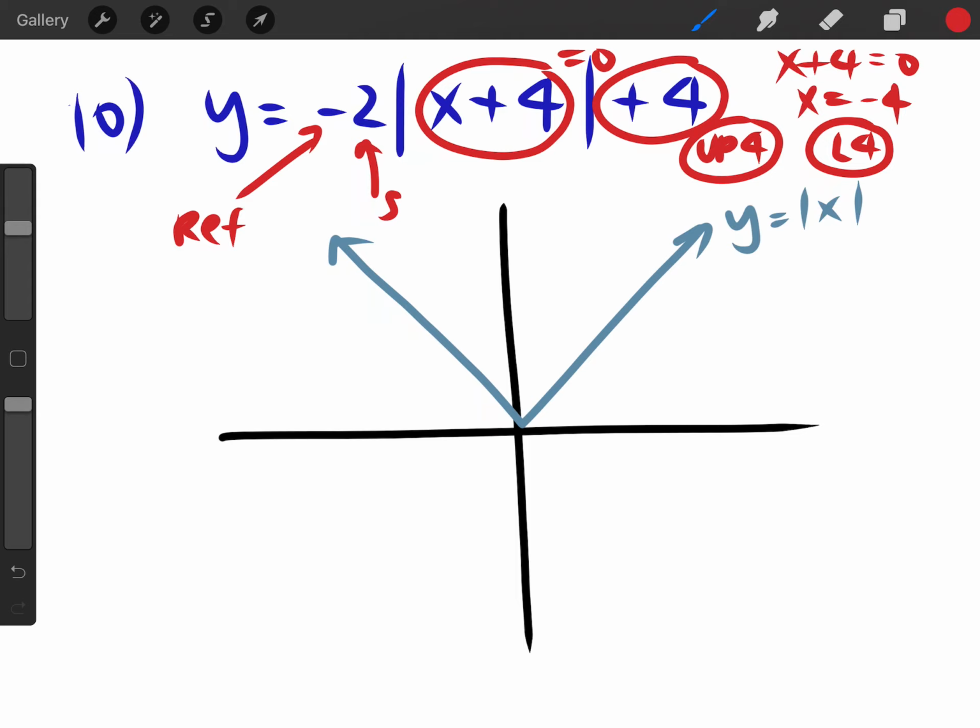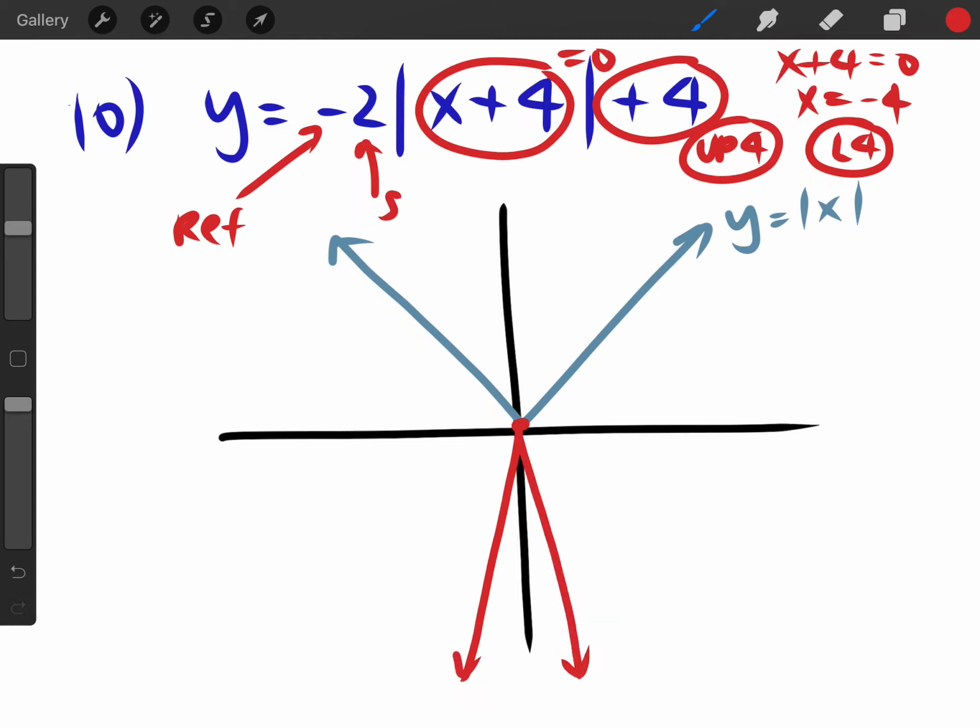So reflection means it's going to reflect over the x-axis. So your V is going to be an upside down V, but it's going to be steeper. It should be something steep like this.